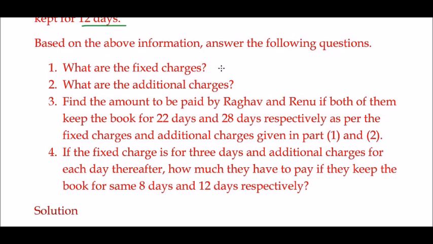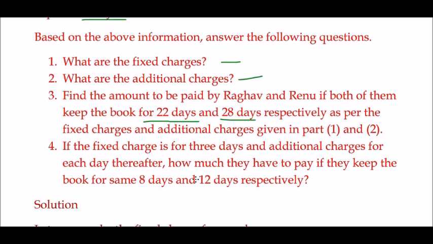Question number 1. What are the fixed charges? Question number 2. What are the additional charges? Question number 3. Find the amount to be paid by Raghav and Renu if both of them keep the book for 22 days and 28 days respectively, as per the fixed charges and additional charges given in part 1 and 2.